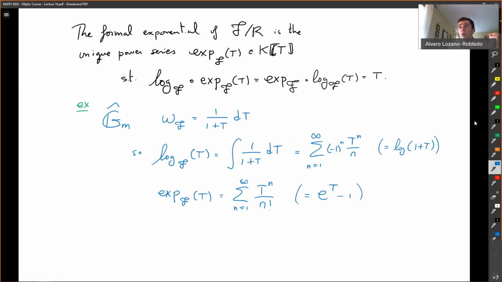In particular, we're going to use the logarithm to get an isomorphism between a formal group and the formal additive group, so that we have an easier way of computing things about formal groups in general. All right, so I'm going to stop there, and we'll continue next time with more stuff about formal groups.